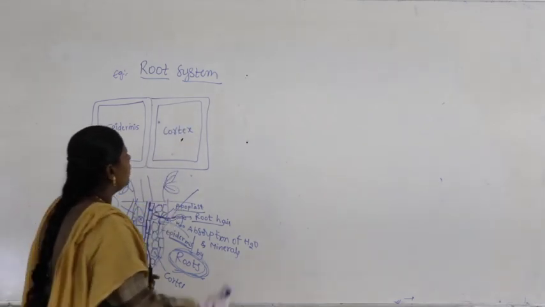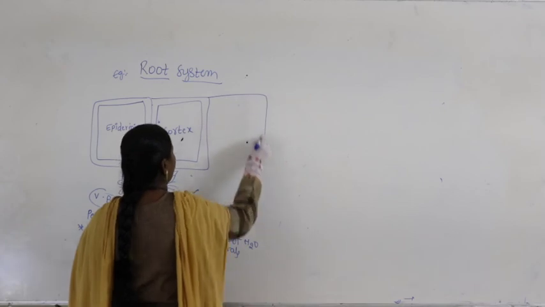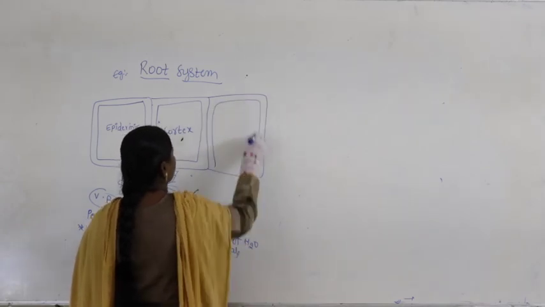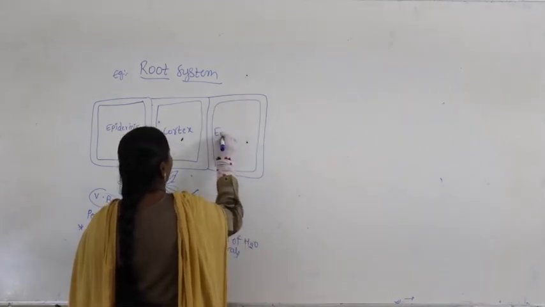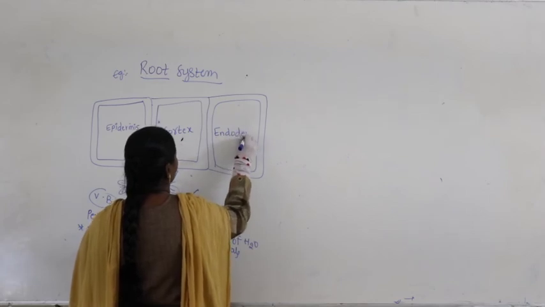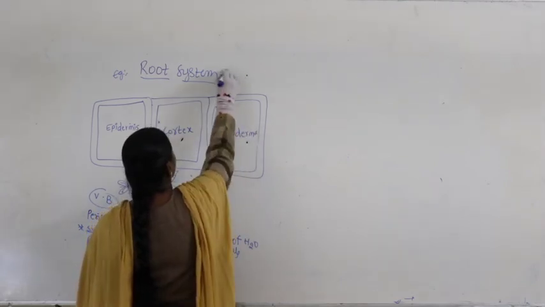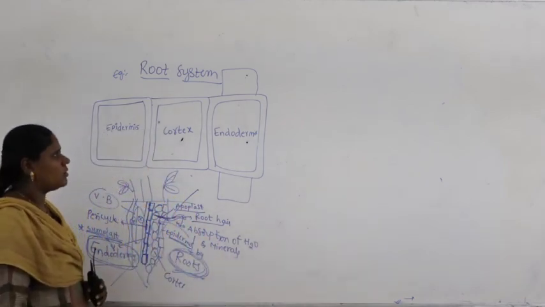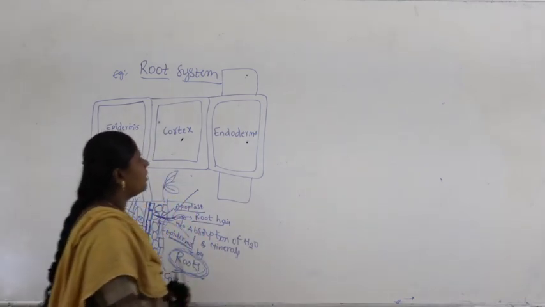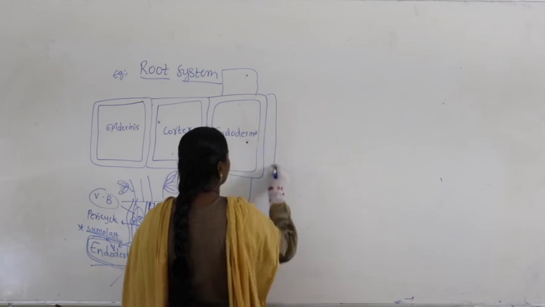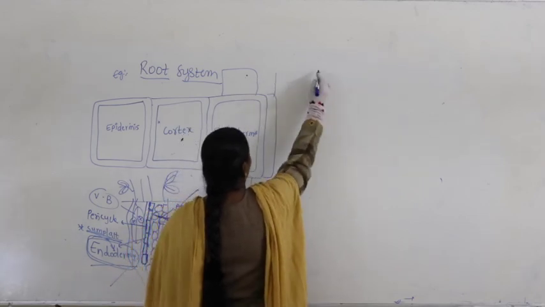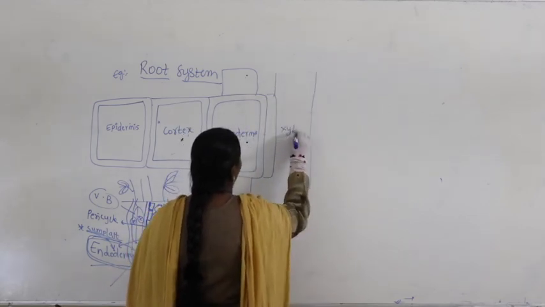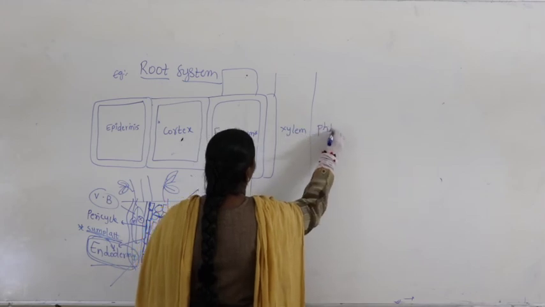After cortex, you find a layer nothing but endodermis. These contain suberized cells, we will discuss that part also. After endodermis, it directly enters into pericycle, then into xylem and then into phloem.